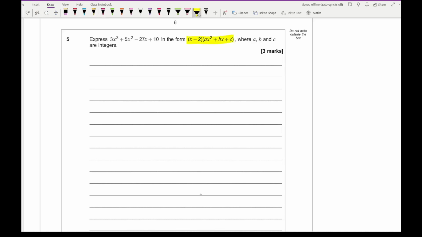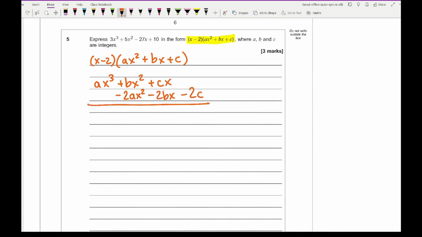So if I expand this out, here I've got (x minus 2)(ax squared plus bx plus c), and expanding that out, I get ax cubed plus bx squared plus cx, and then minus 2ax squared minus 2bx minus 2c. I can then join those together, doing a bit of factorising in the process, in which I get ax cubed plus (b minus 2a)x squared plus (c minus 2b)x minus 2c.